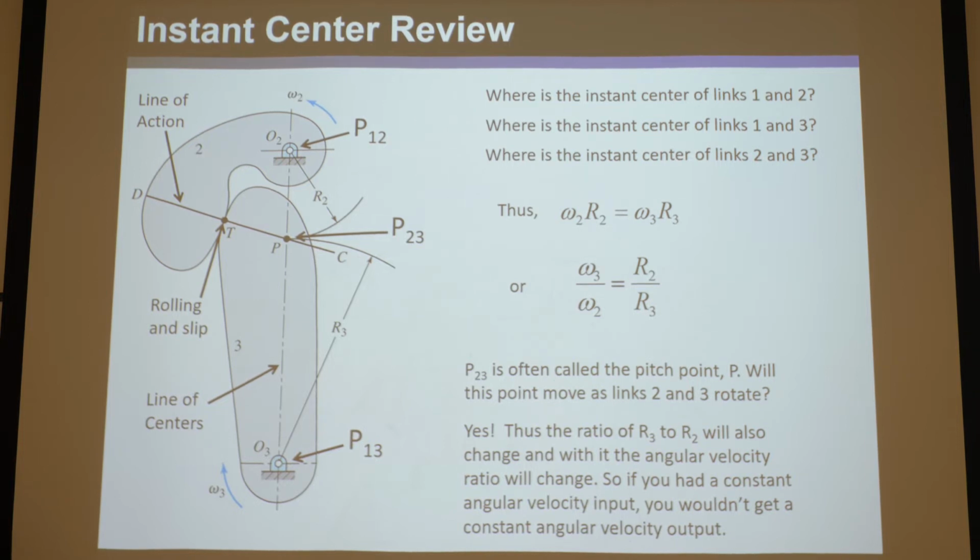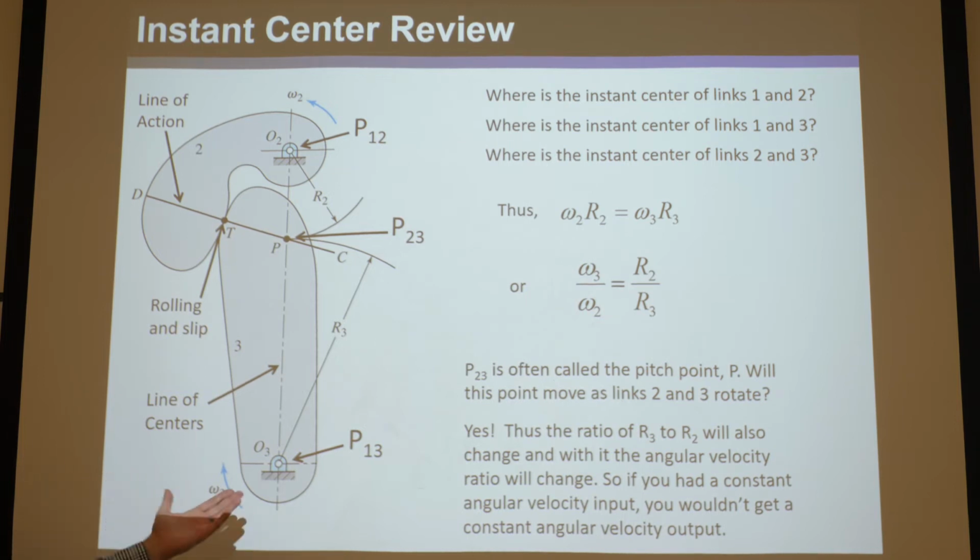Okay, and this is not necessarily desired, because usually the whole purpose of gears is that you've got some constant input angular velocity on one shaft, say omega 2, and you want to convert that into some constant angular velocity about another shaft.